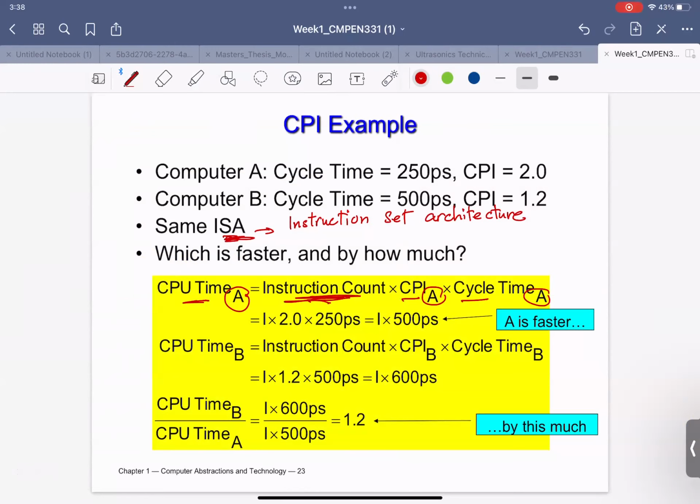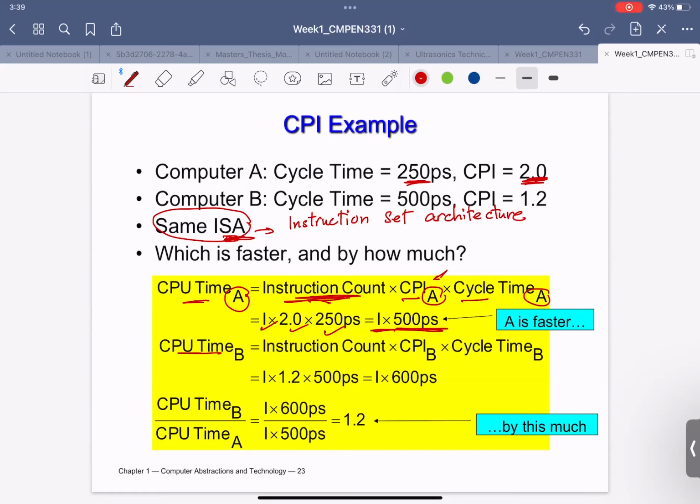I don't know. The only information that I know is that A and B have the same instruction set architecture, so both of them have the same number, and we refer to that as I. CPI for A is 2, so it is given. Cycle time is 250. If you do this multiplication, it will give you that number.